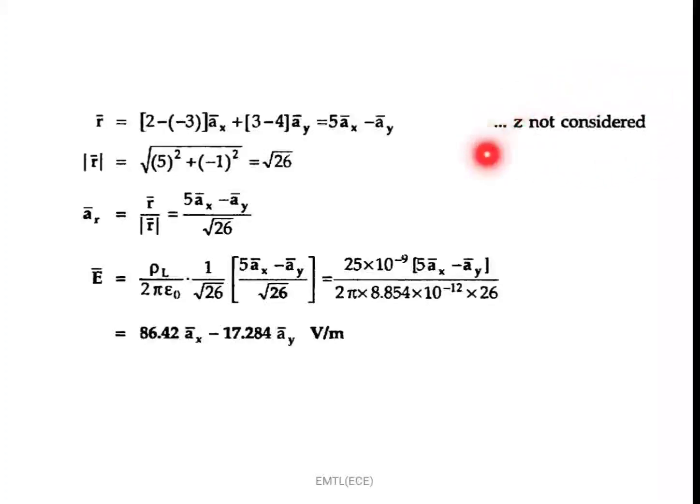Here the very important point is z is not considered, and the magnitude of R is the square root of the coefficient of aX squared plus the coefficient of aY squared, that is the square root of 5 squared plus minus 1 whole squared, which is equal to square root of 26.